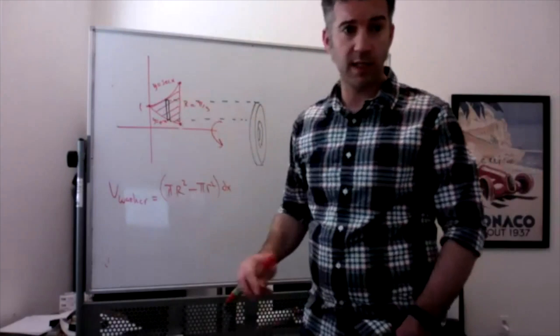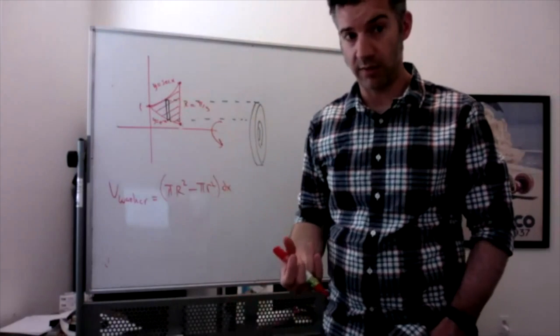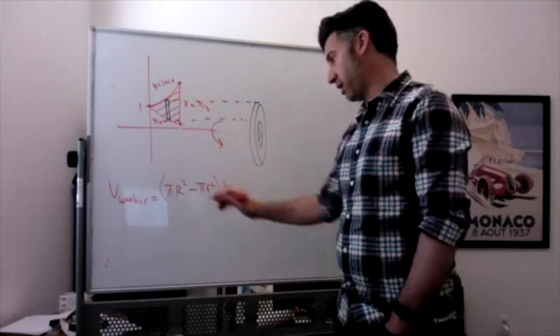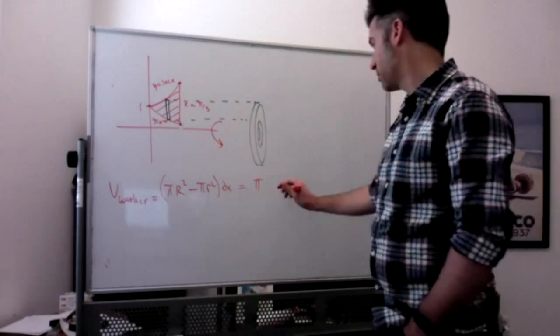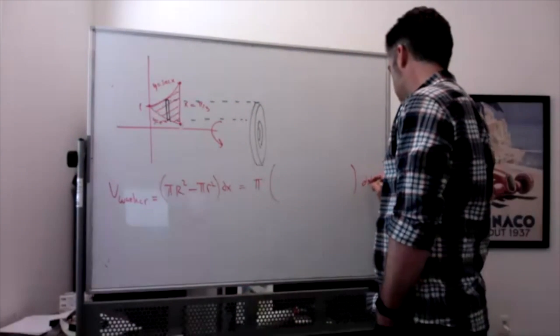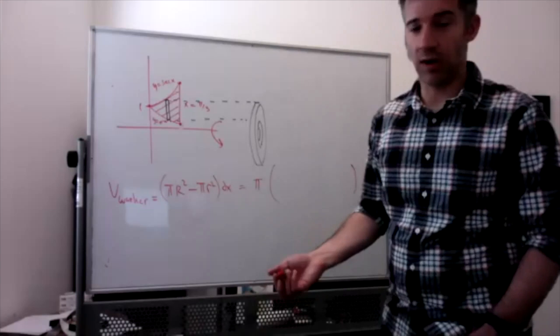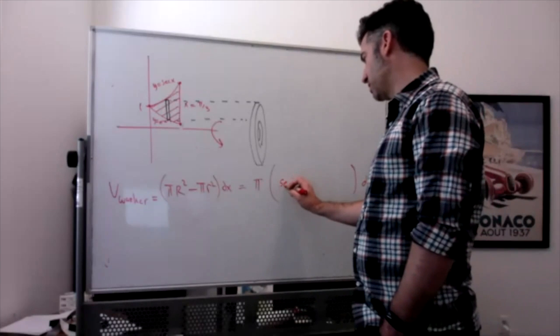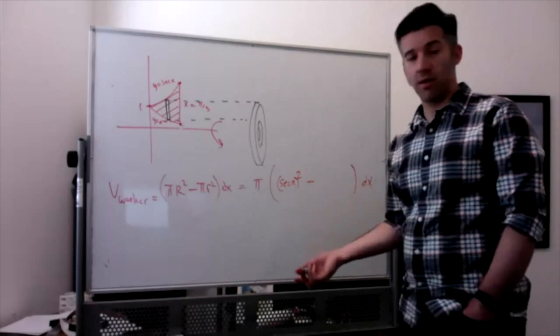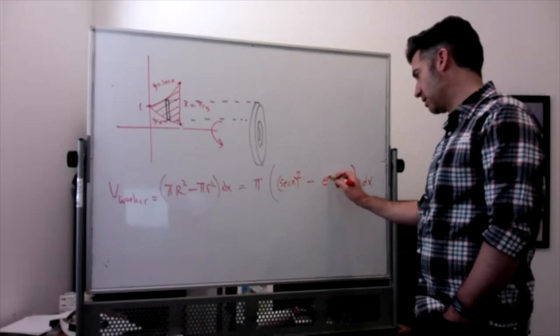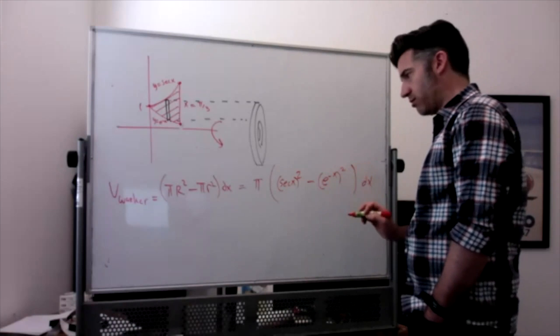Our larger radius is the function that's further away from the axis of rotation. In this case, that's secant of x. So this is going to be pi, let's factor out the pi, times secant of x quantity squared minus the smaller radius squared, which is e to the negative x squared.